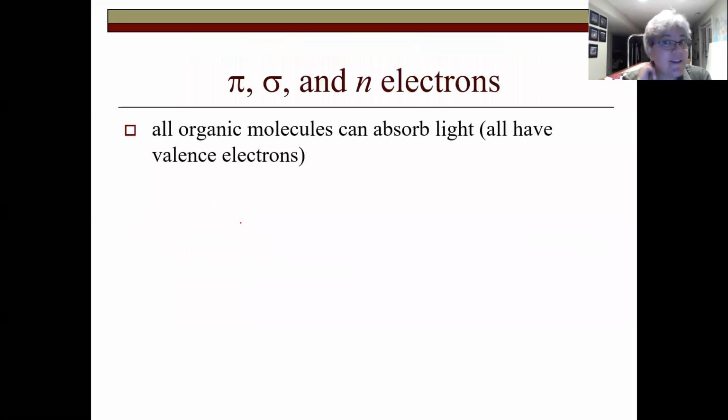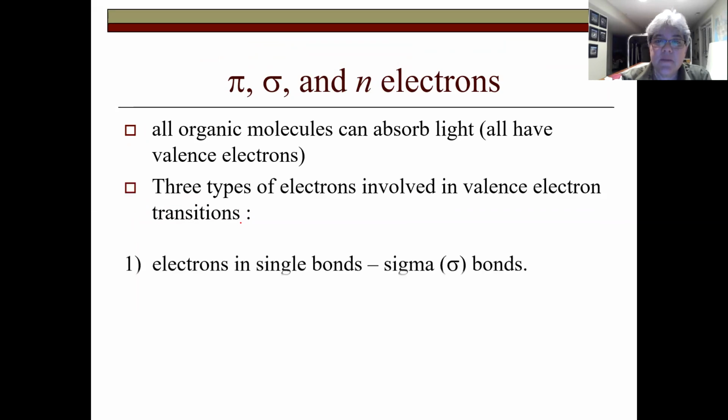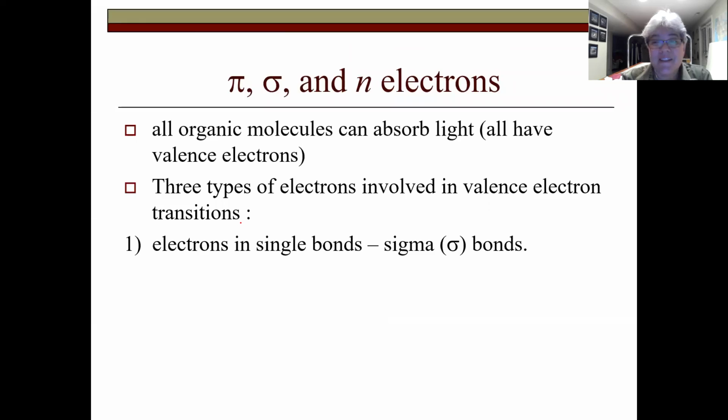Okay, so right at the end of class last time, we just kind of reviewed these terms: the sigma, pi, and n electrons. You should have studied these in another class. All organic molecules have these kinds of electrons. So the sigma, that's the single bond.